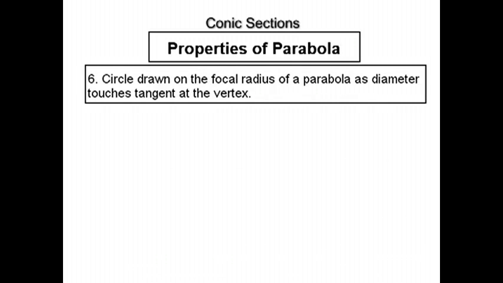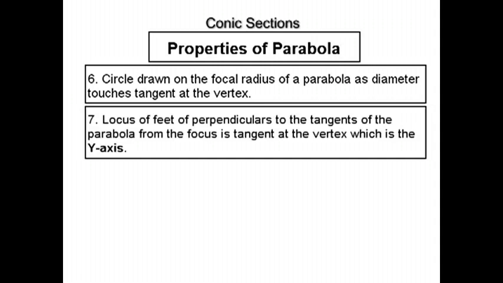Sixth, the circle drawn on a focal radius of a parabola as diameter touches the tangent at the vertex. Seventh, the locus of feet of perpendiculars to the tangents of the parabola from the focus is the tangent at the vertex, which is nothing but the y-axis.